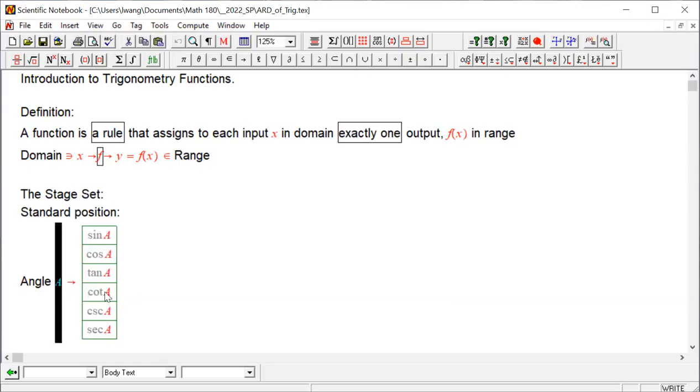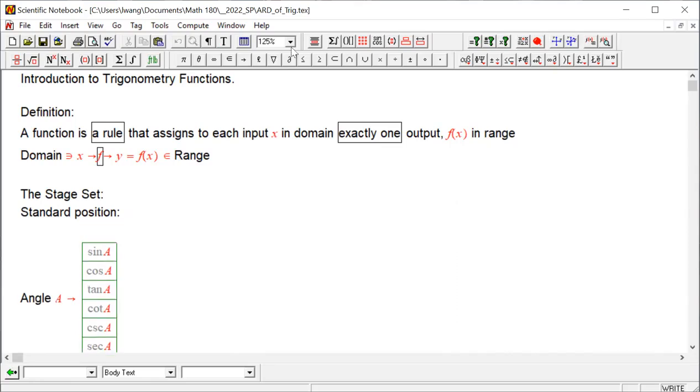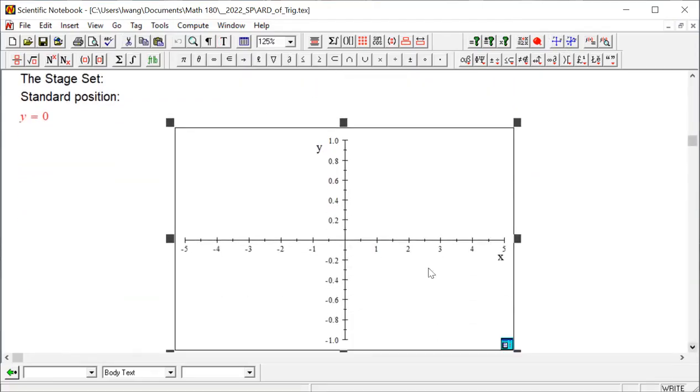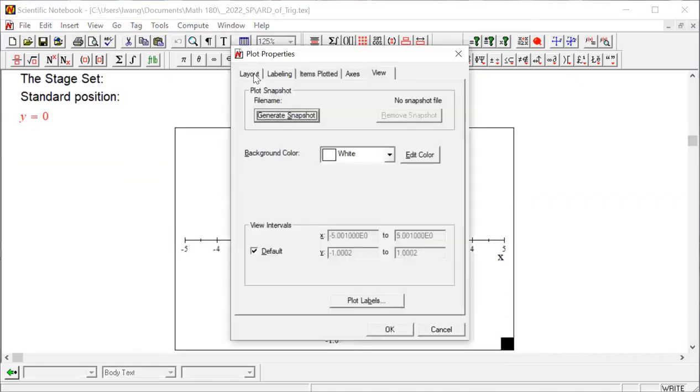This angle, we have to talk about how this angle is measured. This angle is measured from something called standard position. So what is standard position? Standard position, I'm going to draw a graph for you. The standard position is a position very specifically and consistently in the stage set.